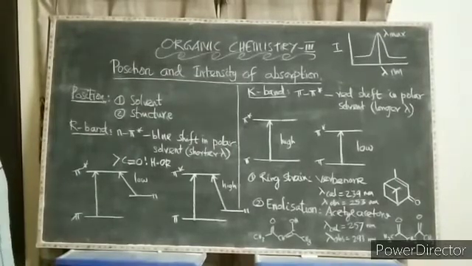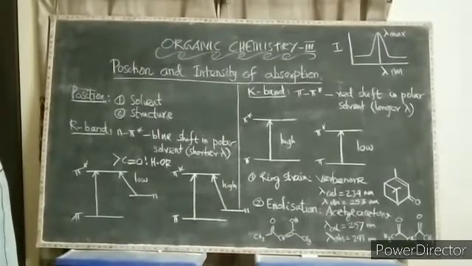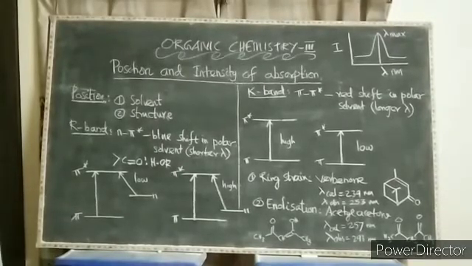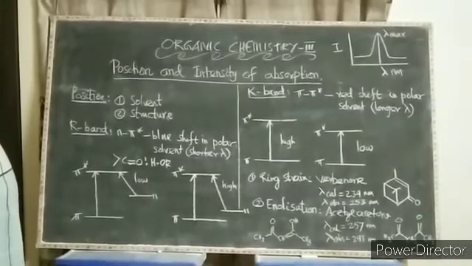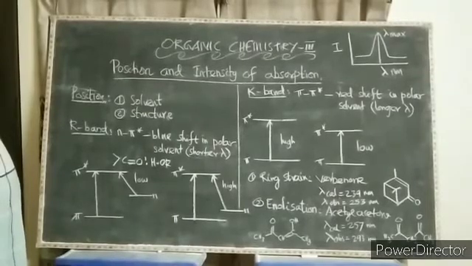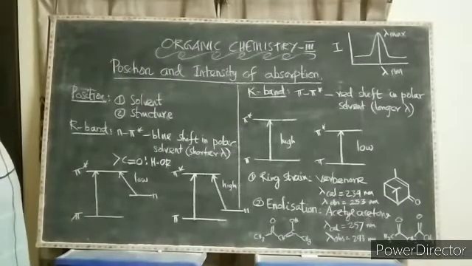Now, in case we take a sample which is dissolved in a polar solvent, and we shall also assume that the solvent has a carbonyl group. When a compound contains a carbonyl group, there are two different kinds of electrons there, that is the n electrons and the pi electrons.